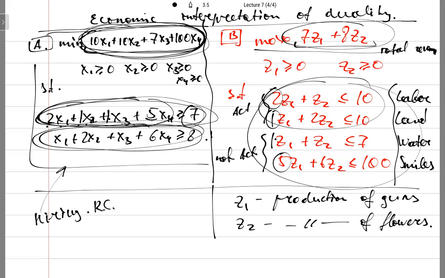And basically, A and B from an economic viewpoint may be interpreted as a firm valuation from inside of the firm. In problem B, we maximize the total revenue. And problem A is: I would like to buy all the resources of the firm.